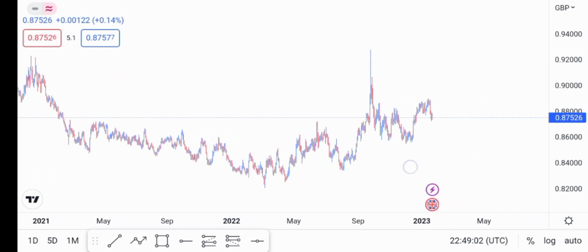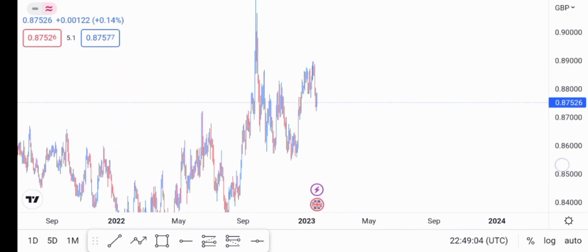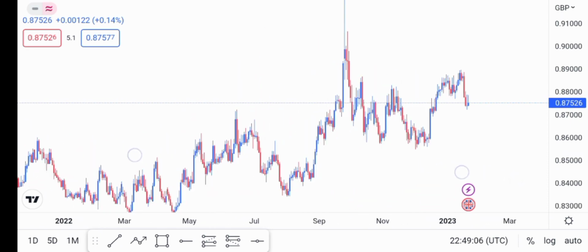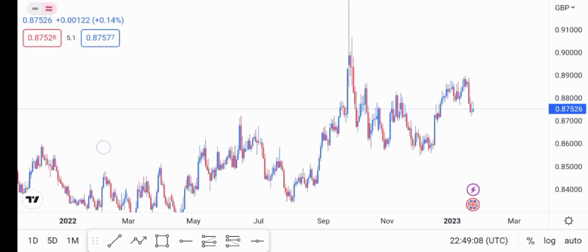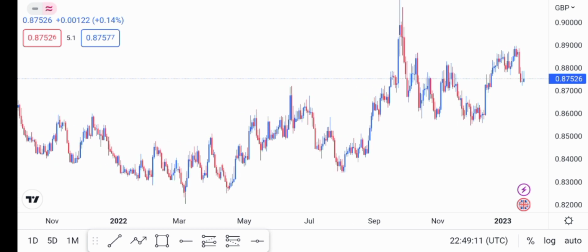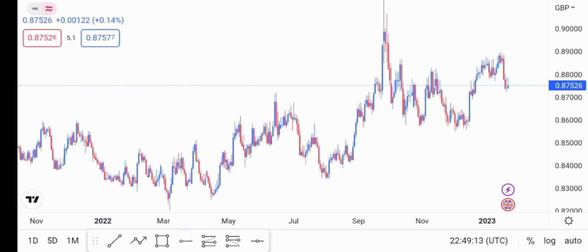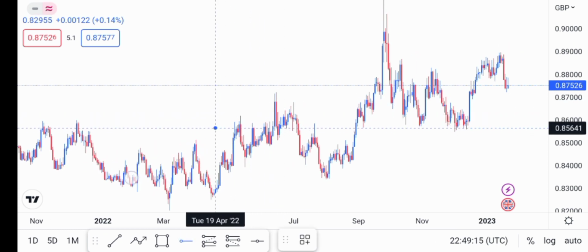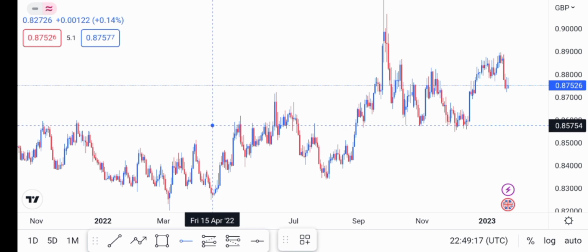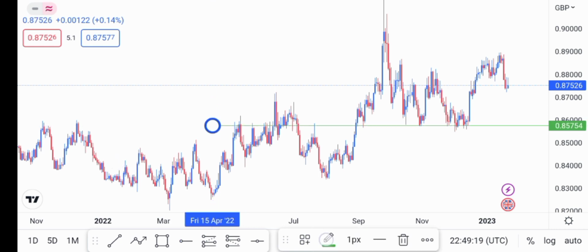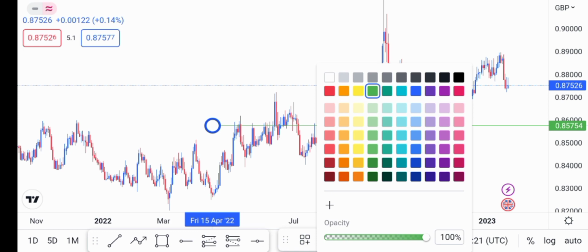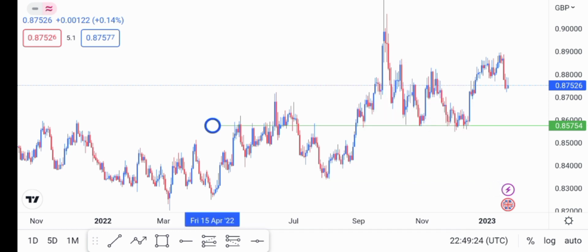But firstly, start by identifying the levels so you can know where the market will take breaks and where the market will change its direction. Okay, so I'll just start by laying out the levels that I'm seeing on the market, starting with this level right over here. That's the first level that I saw. So just change the color to gray so I can make sure that my charts are as clean as possible.